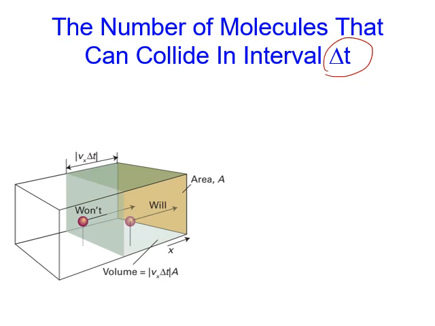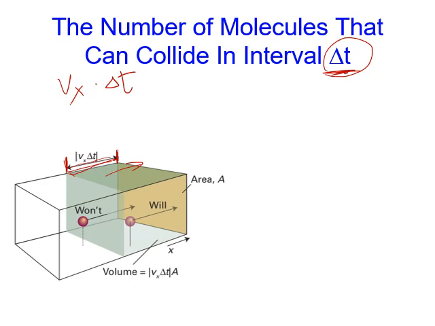What kind of molecule has enough time to collide with the wall? If the time is delta t, and the molecule has a speed vx along the x direction, then the distance that it can travel is vx times delta t. So any molecule inside this distance from the wall will be able to collide with the wall.